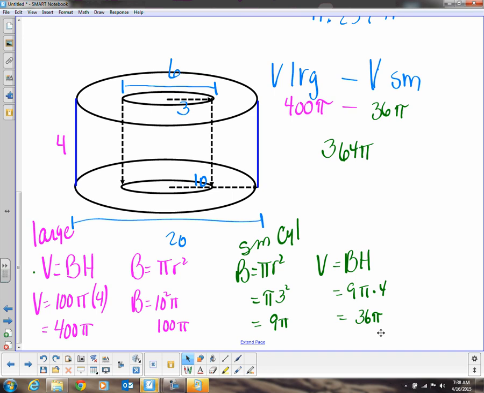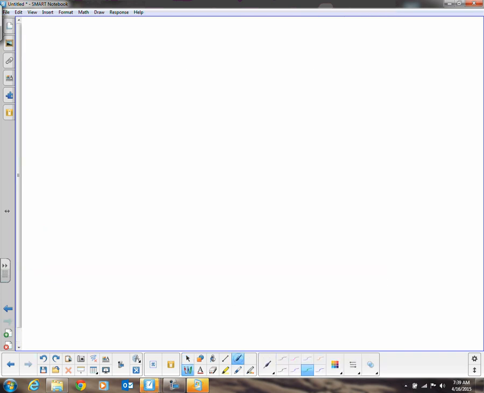Number 2. What's your volume formula for number 2? Why? Because it's a prism. This is number 2. How about if I draw my figure first?